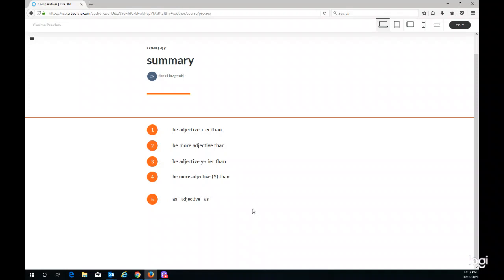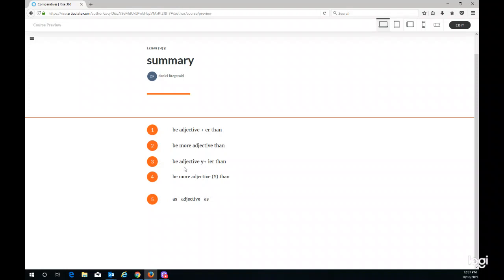Today, we've talked about comparatives. We use be plus an adjective plus er plus than when it's one syllable. If it's more than one syllable, it's be more adjective than.